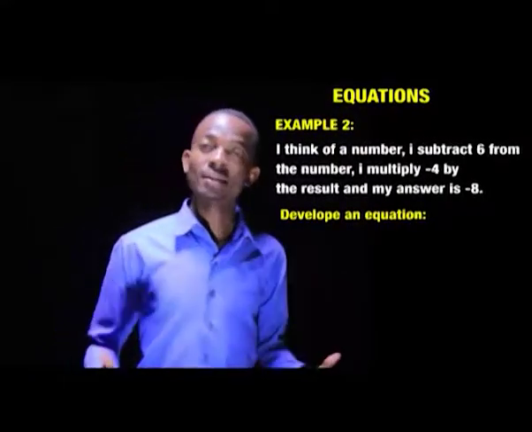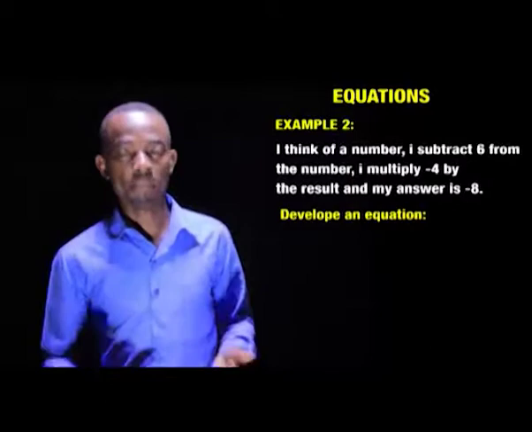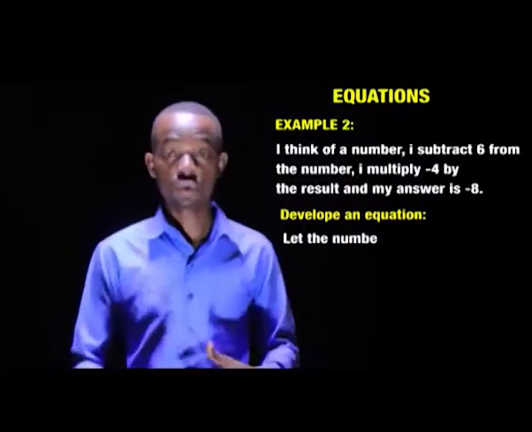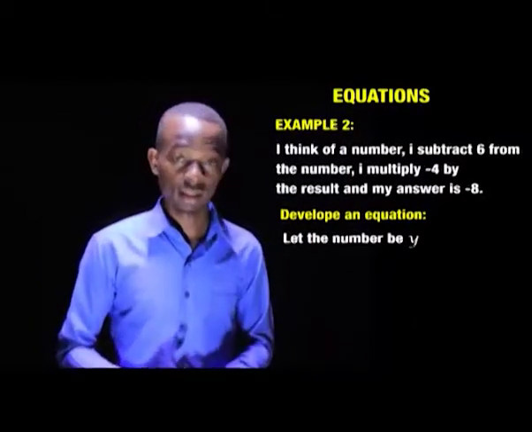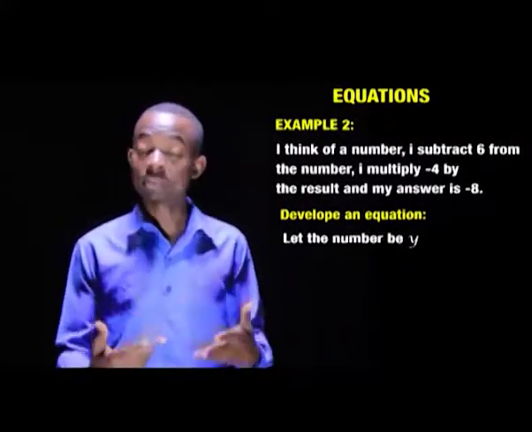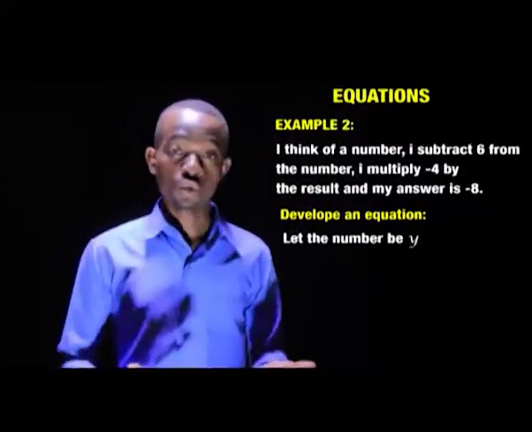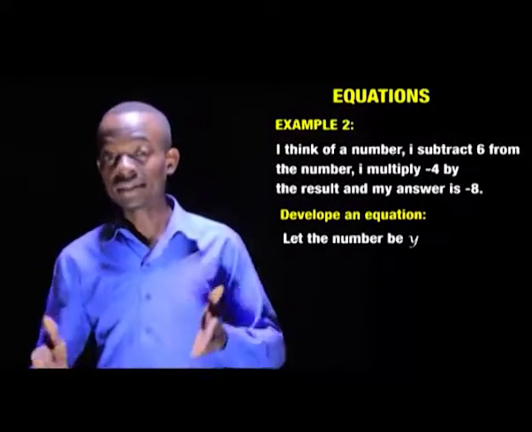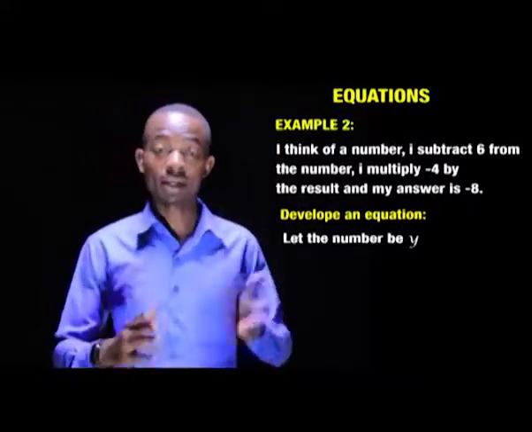So I can say, let the number I've thought about be y, because you can use any letter of the alphabet, but preferably x and y. So let my number be y. I subtract 6 from y, so that is y minus 6.